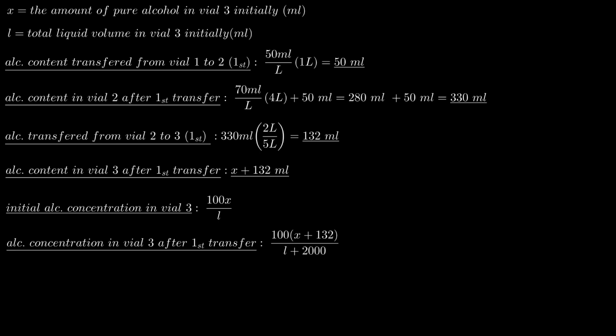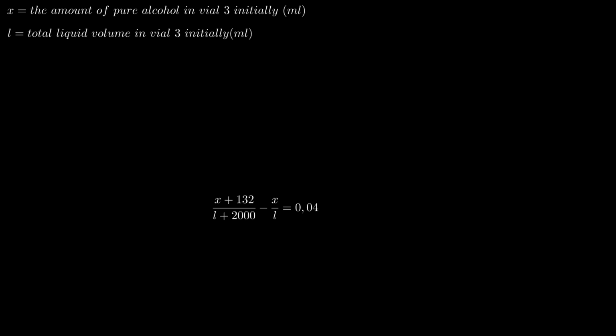So since the difference of percentages is 4%, as it says in the initial conditions, now we have 100 times (X plus 132) over (L plus 2000) minus 100X over L equals 4. And let's simplify this a bit so we won't have to deal with large numbers. Let's divide both sides by 100. Now we get (X plus 132) over (L plus 2000) minus X over L equals 0.04. And that's our first equation.